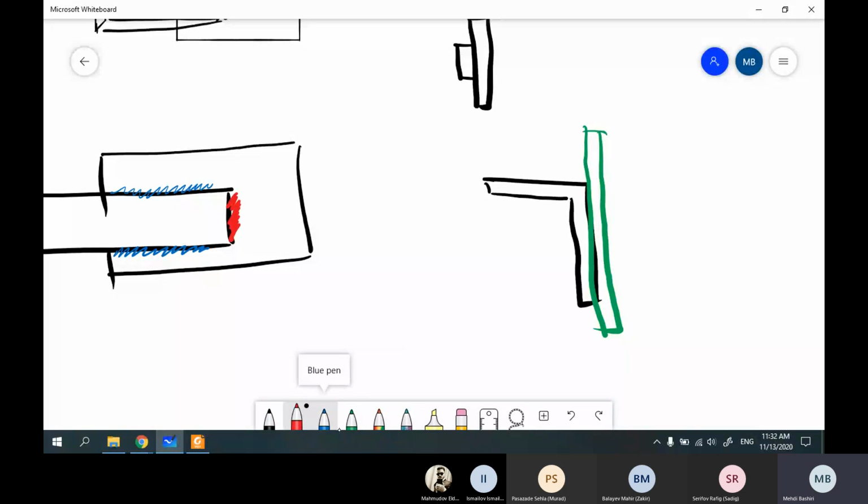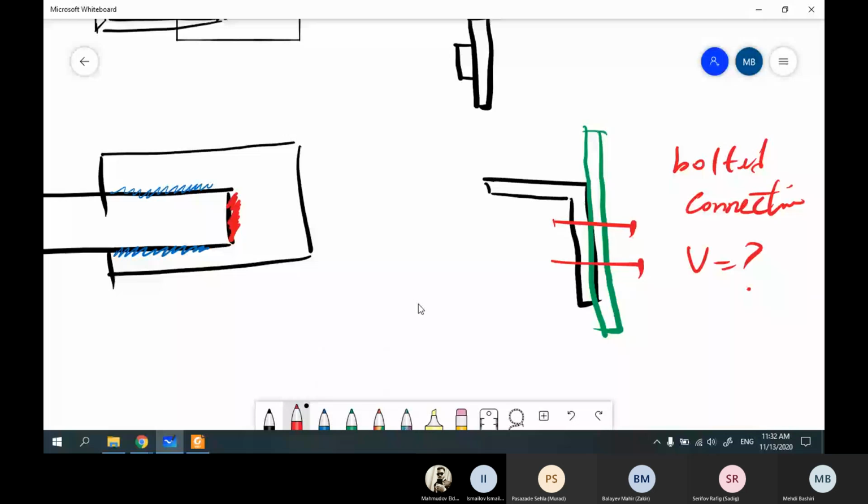So the connection is here. And what is this? Fastener. And we call it a bolted connection. For this case, you should find U.